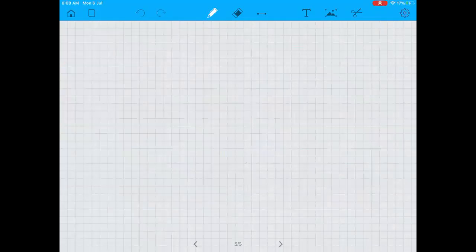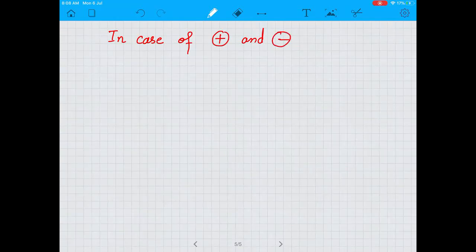However, in case of plus and minus, the constants are not ignored.